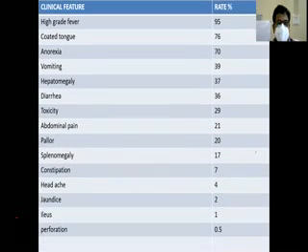And these are the clinical features. We rated the clinical features based on which is the most common. High grade fever is the most common, that is 95%. Coating of the tongue, anorexia, loss of appetite, vomiting, hepatosplenomegaly, both will be there.